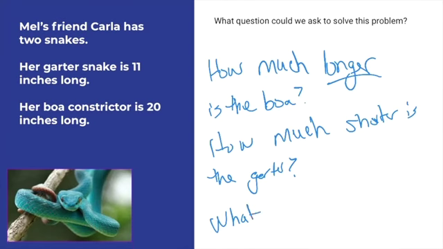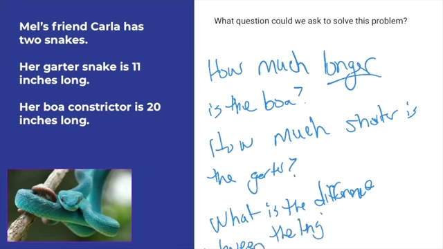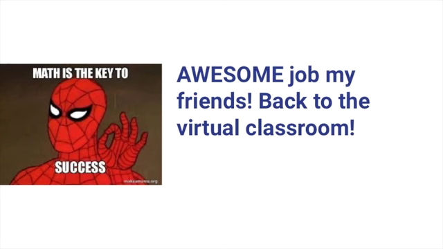And then, what is the difference between the lengths of the 2 snakes? I know you guys came up with that. Really important that we're able to create problems based on different situations.